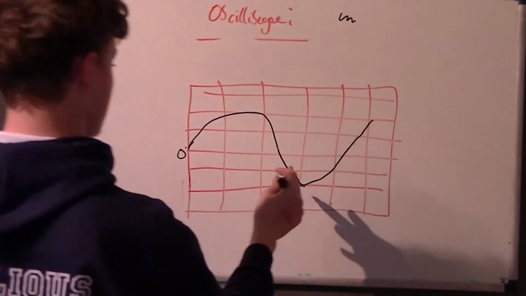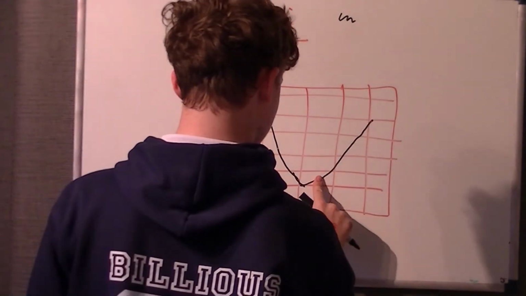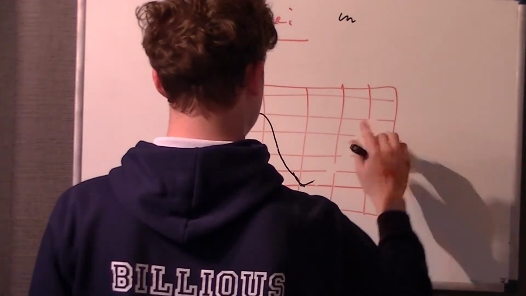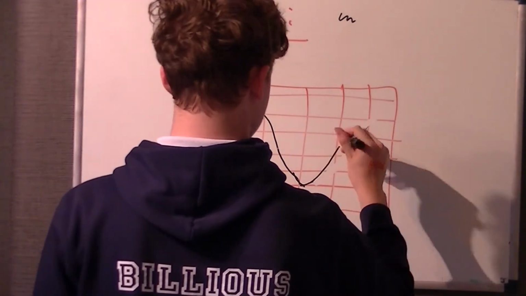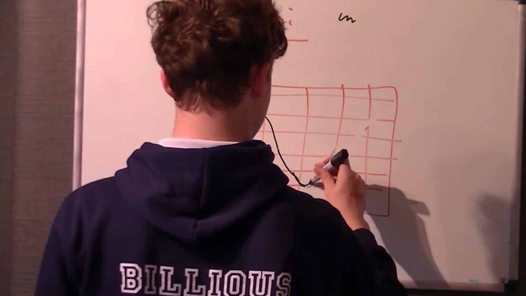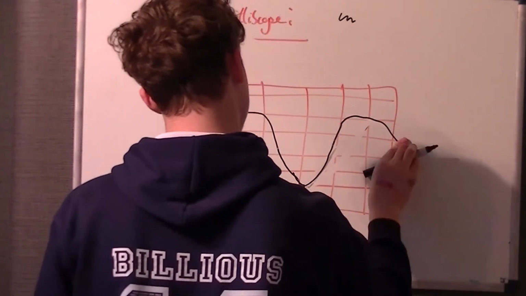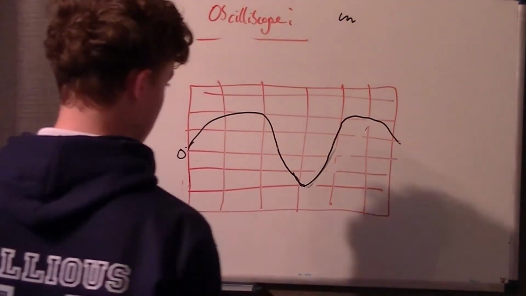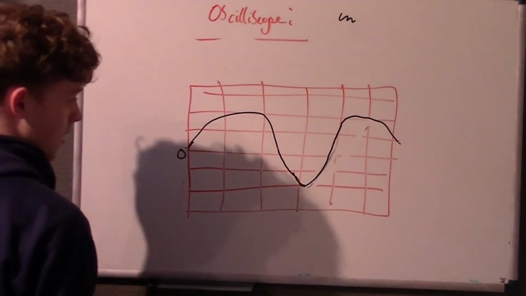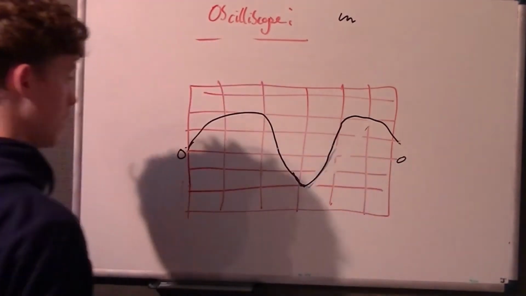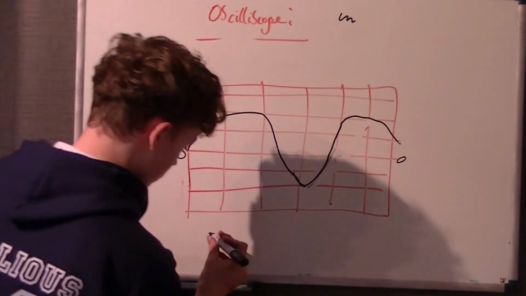Right, this is really bad, I have to admit. I can't draw. I'm just trying to make it as accurate as I can. But you get the gist. So that is 0. That's our wave that we've got on our oscilloscope.